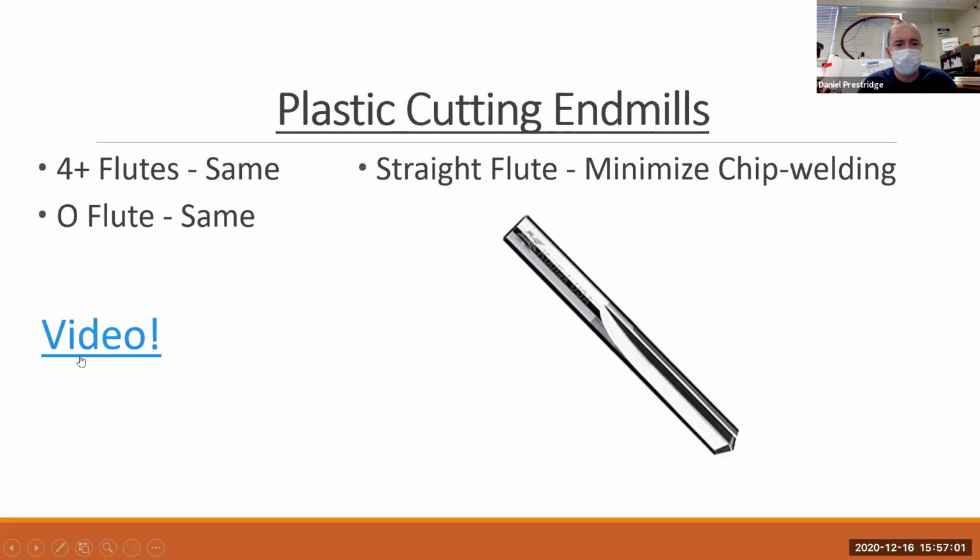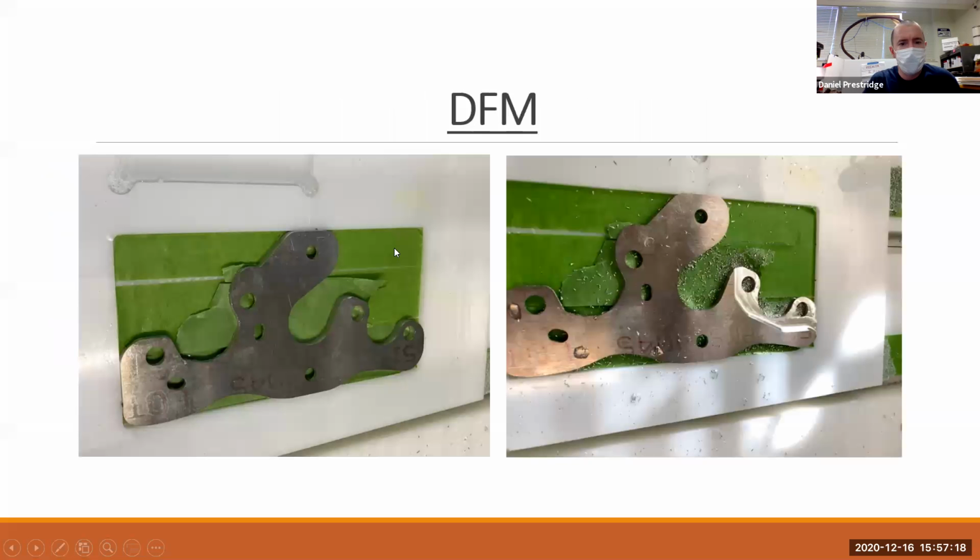I don't think that I'm actually going to go into this video part, but that's going to talk about your upcut, downcut, and some visualizations, which may be helpful. And I'll go ahead and share this whenever I'm done. I'll probably edit it just a little bit more and then bring it on.